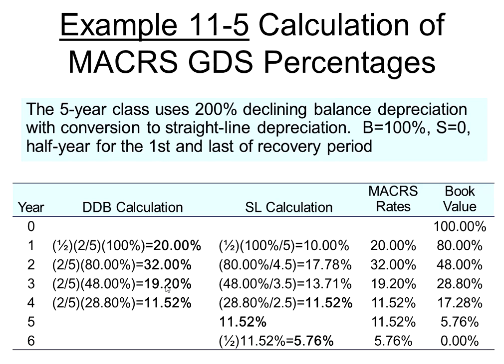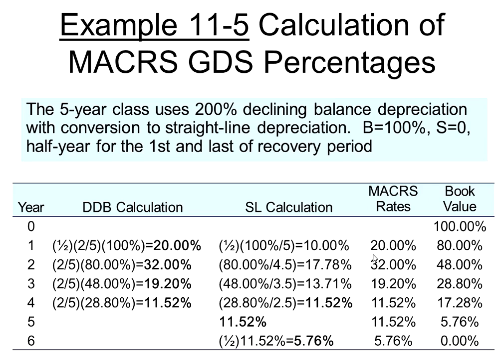And then comparing it to the rate that's given by the double declining balance, which is 19.2, this one is higher, so we're using 19.2 as the MACRS rate. And so then we subtract it from 48, and that gives us 28.8.